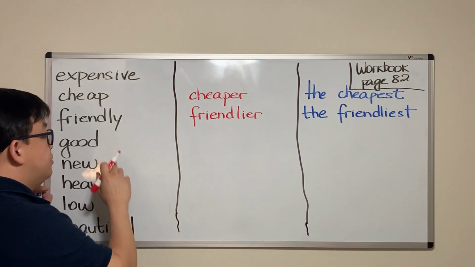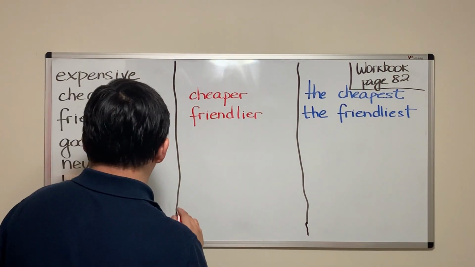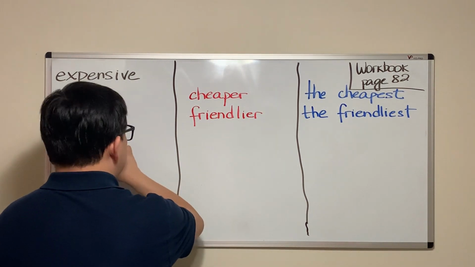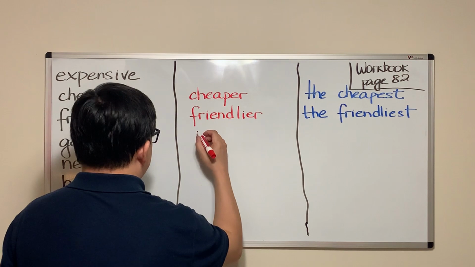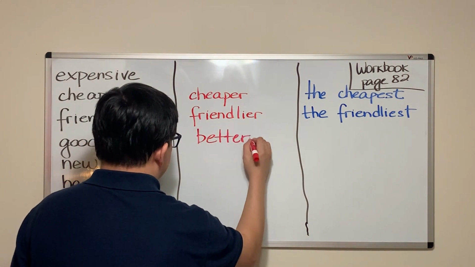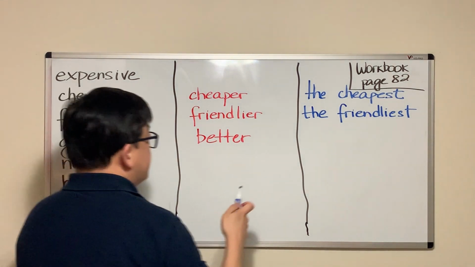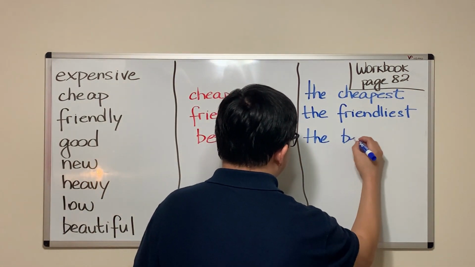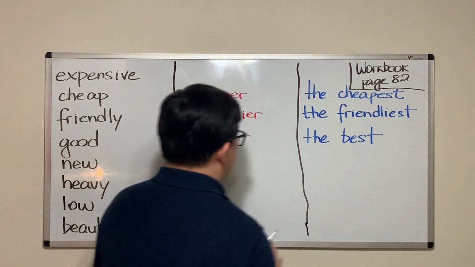Remember, good, we have irregular adjectives. It's good, but the comparative of good is better, very good. And the superlative of good is the best. Very good.